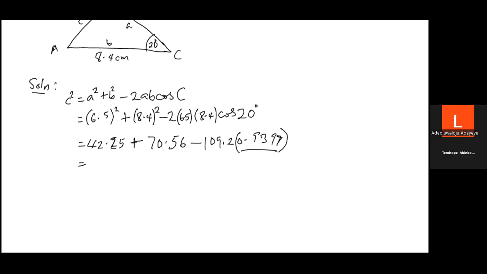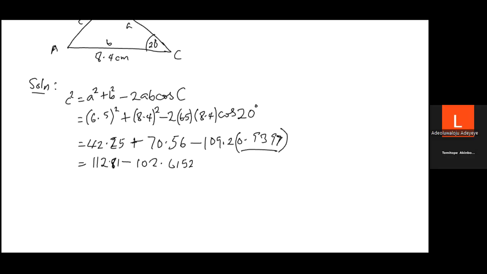So 42.25 plus 70.56 gives 112.81, minus 109.2 times 0.9397. That gives 102.61524.